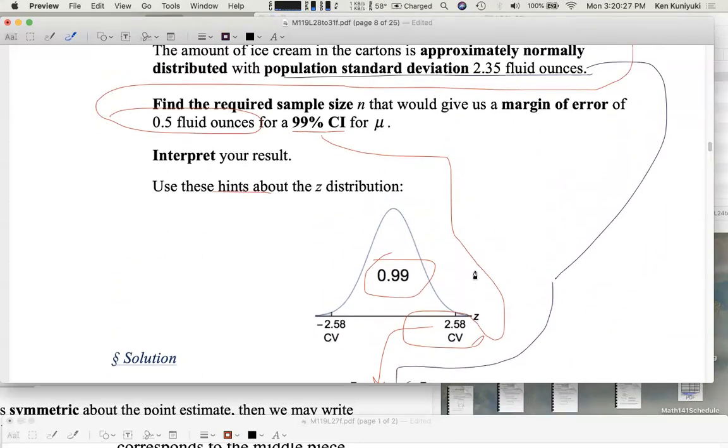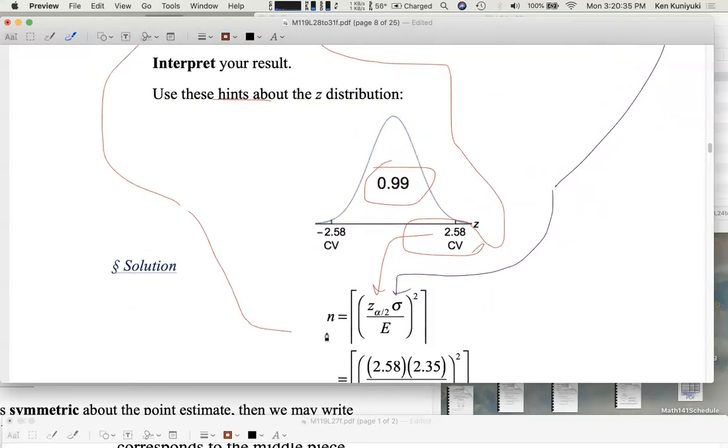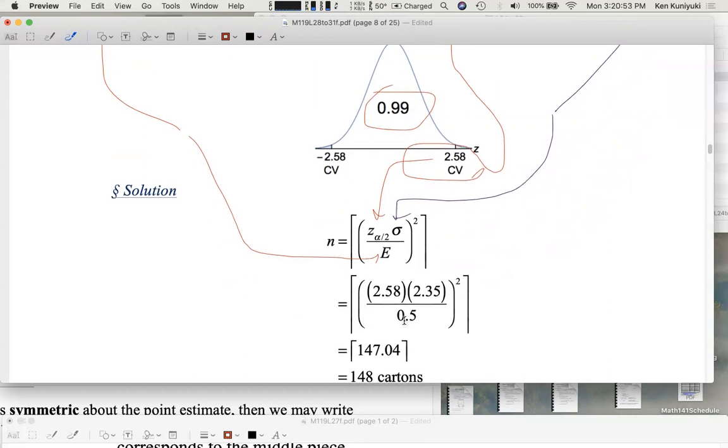The desired margin of error for the confidence interval, 0.5, goes in the denominator here. And again, this fraction is squared, which tends to amplify the effects of these parameters. So we have 2.58, the positive critical value, and sigma is 2.5, that was given, over the desired margin of error, 0.5.